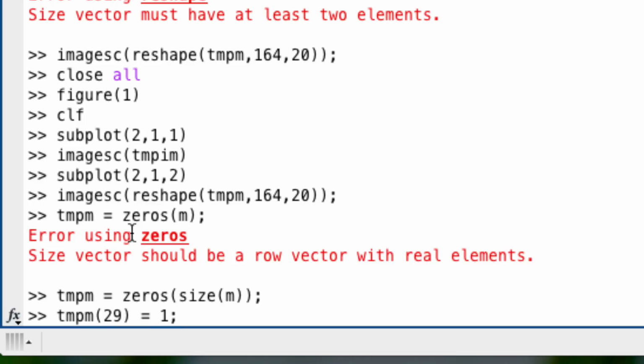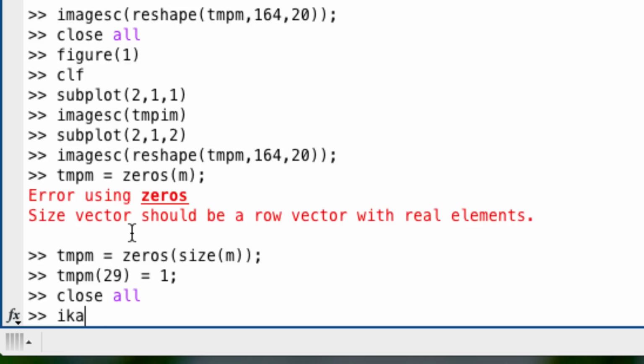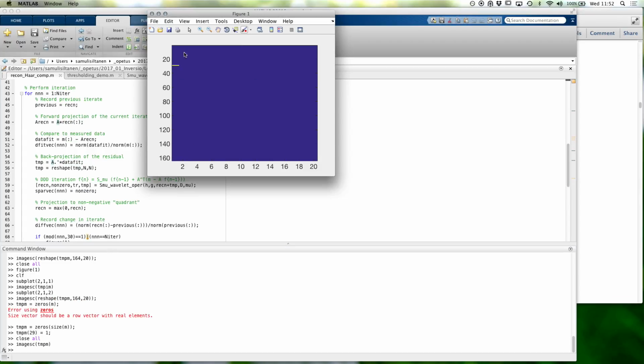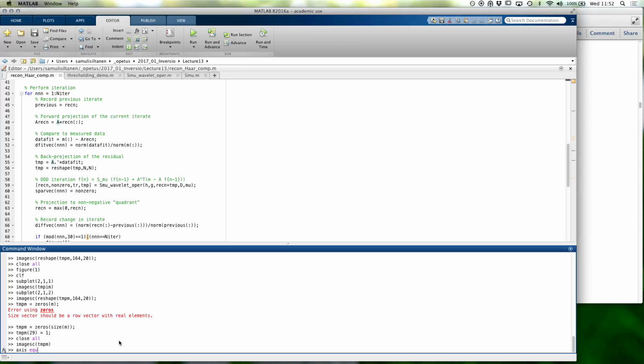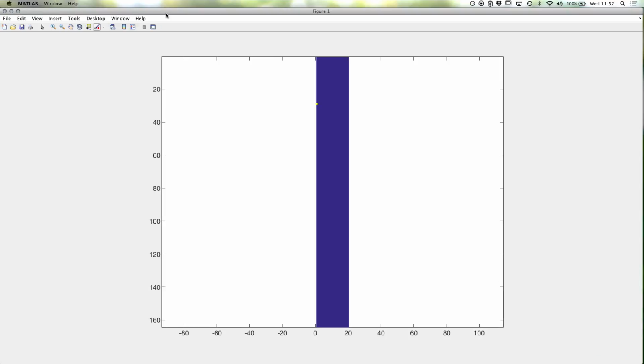I will just put it to 1. So now we have a strange sinogram. Let me put axis equal. So here I have a sinogram with just one point equal to 1.